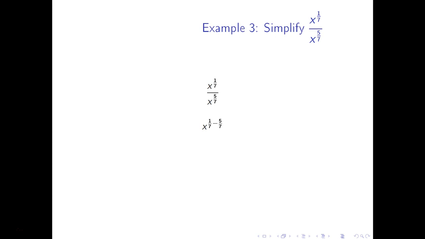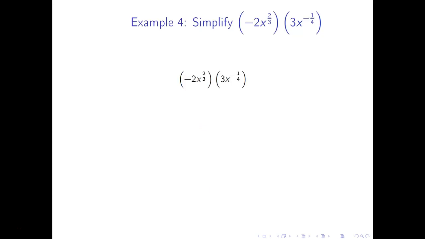What's 1 minus 5? Because they're fractions, they have the same denominator, so just 1 minus 5. That's going to give me -4. Oh, I don't like negative exponents. So I need to change that to be 1 over x to the 4/7. So this one involved both the quotient rule and the negative exponent rule. So we're just keeping all this in mind and using it.